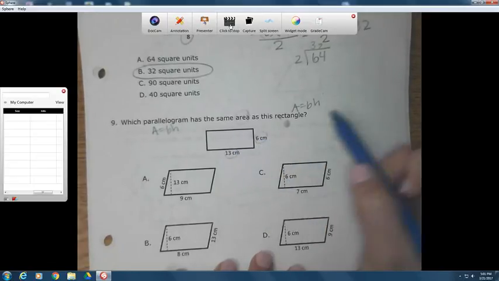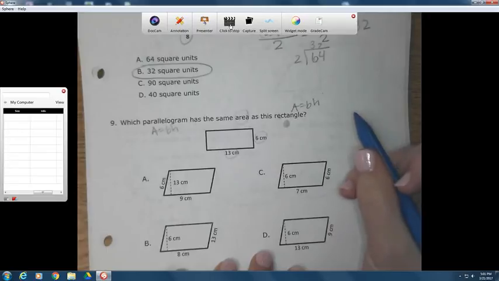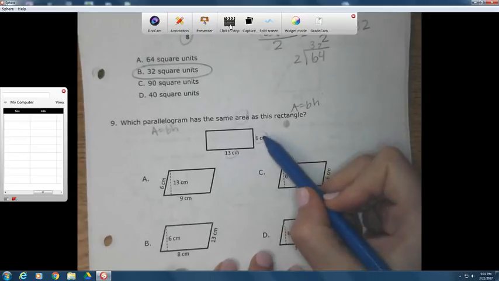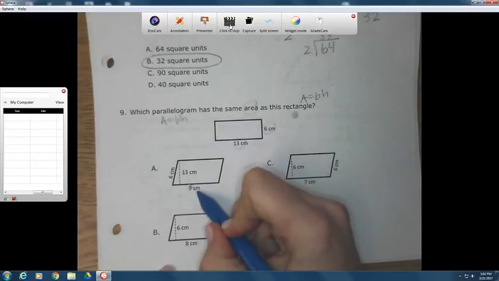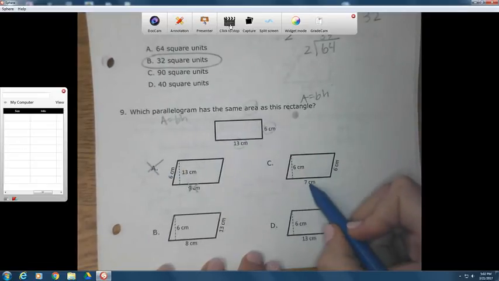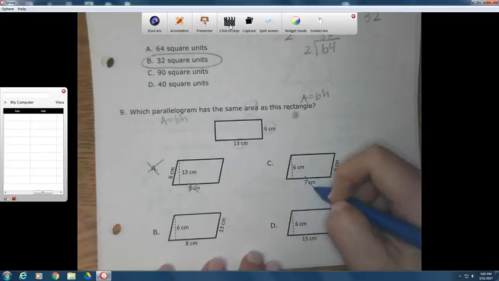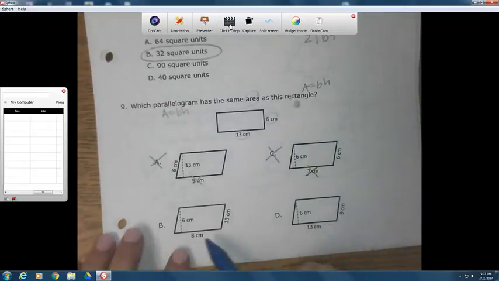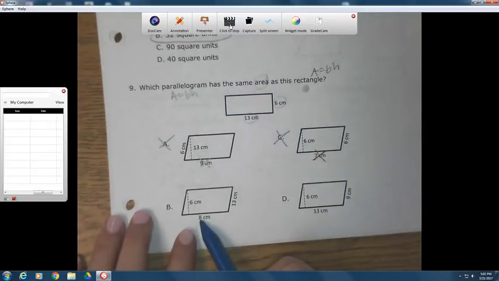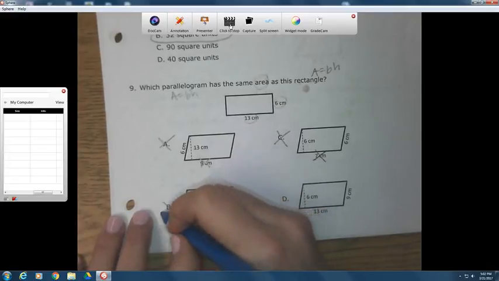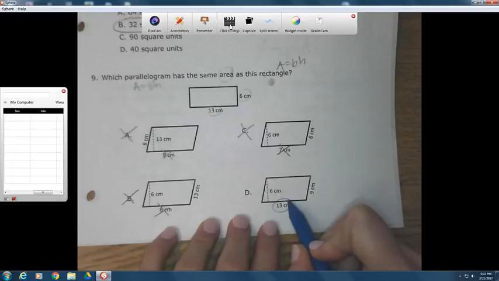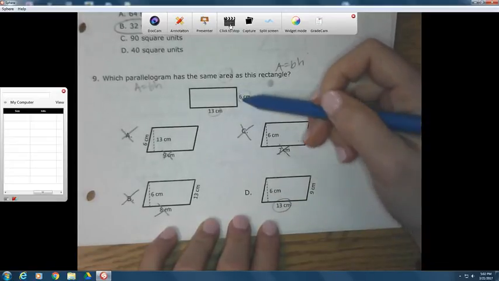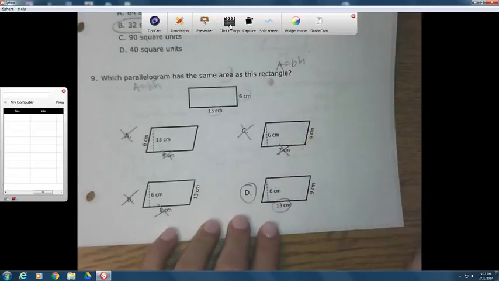So I need same dimensions, where 13 is my base, 6 is my height. Here my base is 9, so it's not A. Here my base is 7, so it's not that one. Here my base is an 8, not that one, which hopefully means D is right. 13 is the base, and 6 is the height. So D wins. We didn't even have to solve.